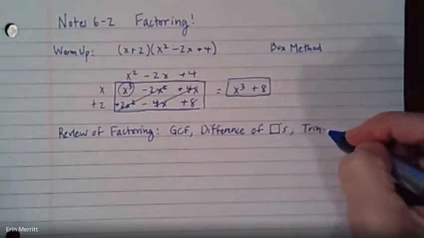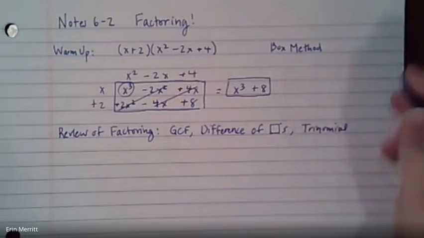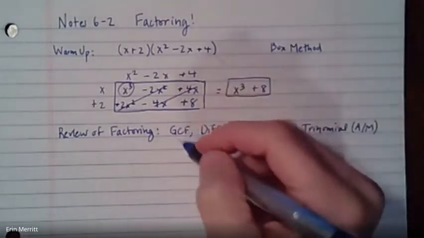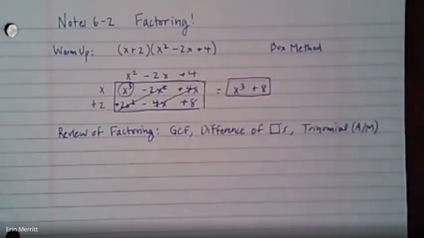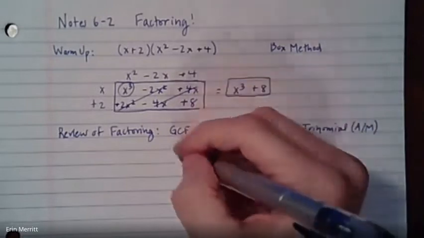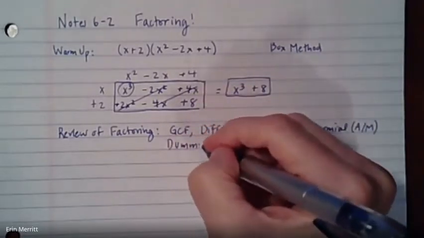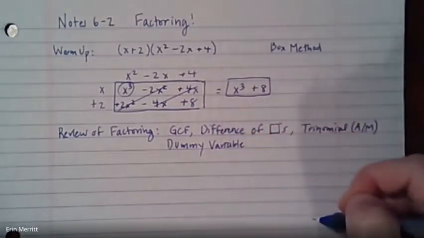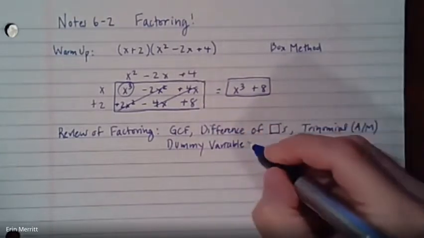There's the trinomial factoring, which is the whole add, multiply guy. And then we did also learn back in Unit 1 the use of dummy variables. It's not a method of factoring, but it's a way to help you recognize what type of factoring you're looking at, right?